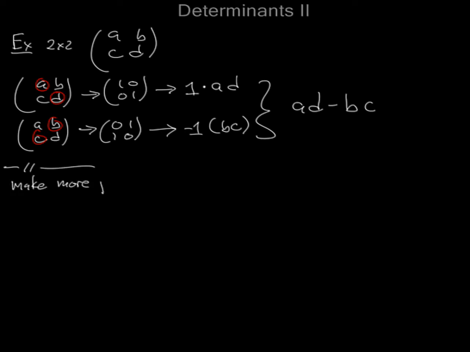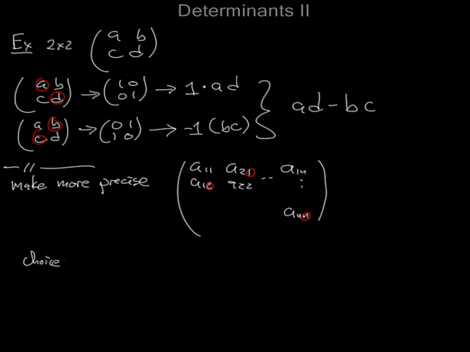Okay, I want to make this formula more precise. The way I said it in the previous statement is slightly vague, so let's spell this out. So here's our n by n matrix. And how do you choose one entry from each row and each column? Well, you have to choose these second coordinates.